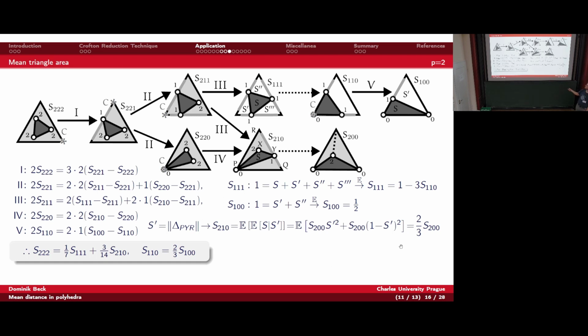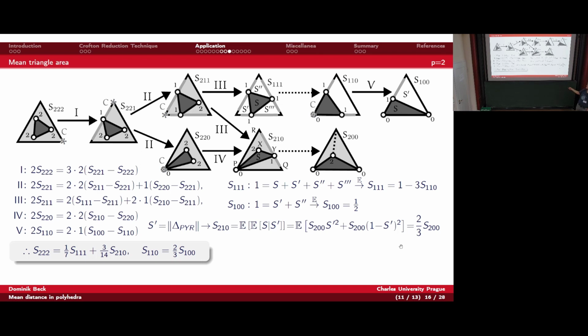So in order to calculate the mean area of S, it's the same as fixing the area of the RPY triangle and conditioning with respect to this area, which I called S'.